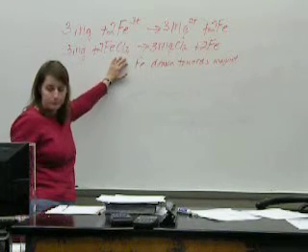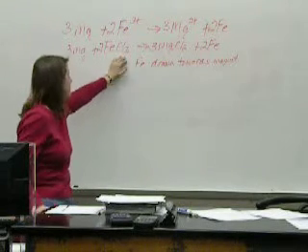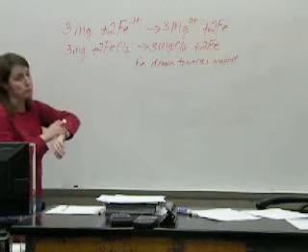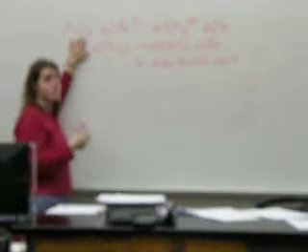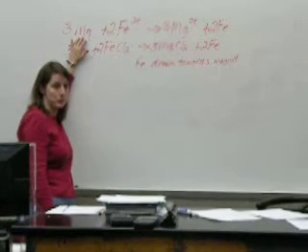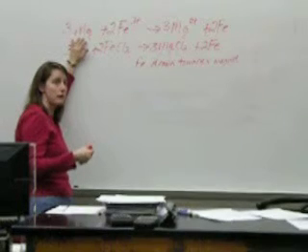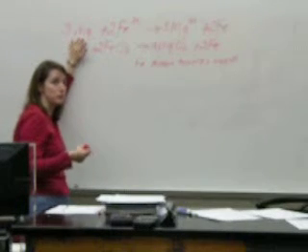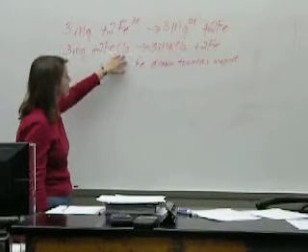Okay, so how would you determine the charges that you balanced on the top equation? Are you familiar with oxidation numbers? No, okay. Any element in its natural state is going to have an oxidation number of 0. Any element that is combined with something else is going to have an oxidation number equivalent to its ionic charge. So here the iron is combined with chlorine.